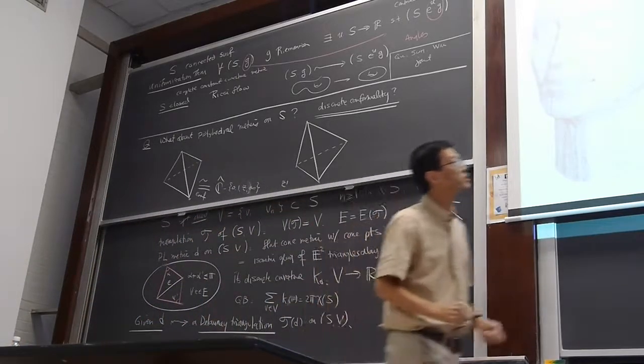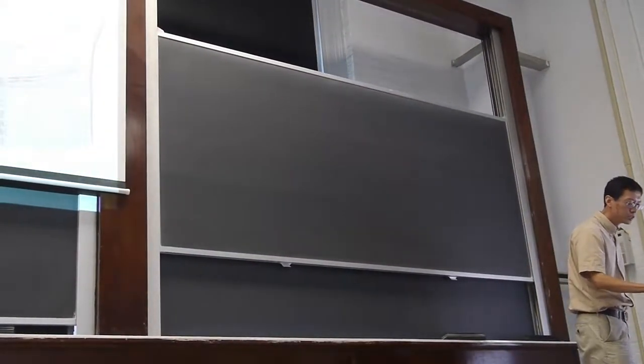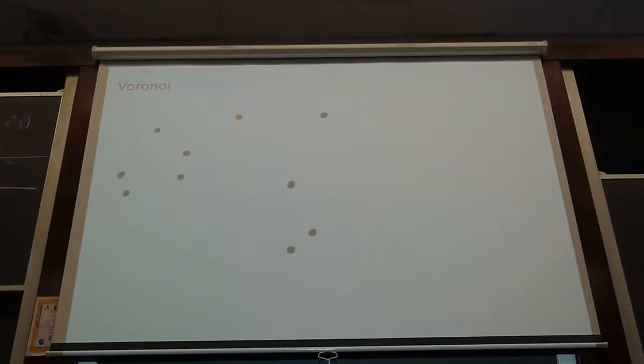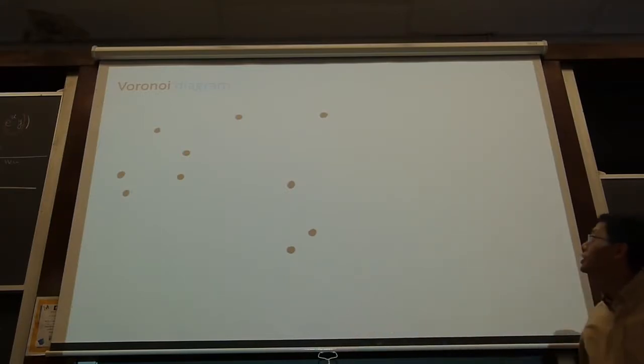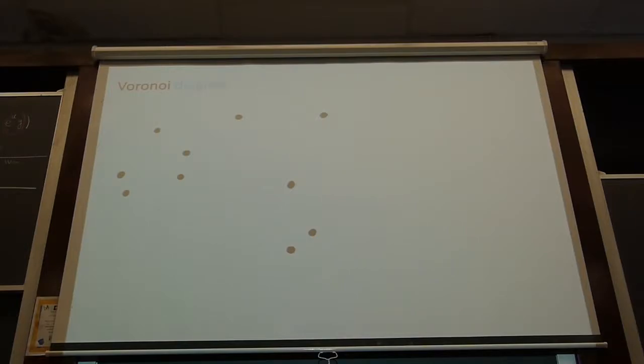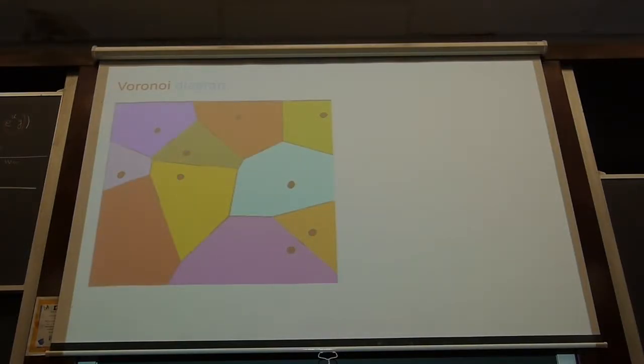So let me show you the standard computer science way of producing these Delaunay triangulations. Suppose I give you a collection of points. I'm taking the plane, and you think of that as points in a surface with a flat metric. So these are the vertices. And now what you do is you produce something called a Voronoi diagram.